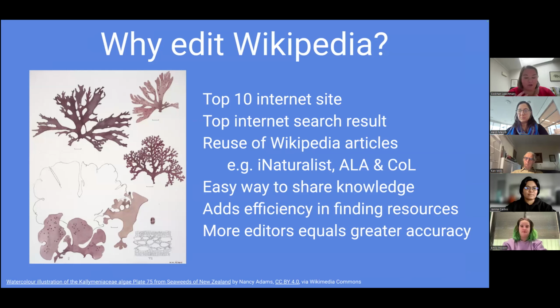And I've seen organisations such as newspapers, radio websites, conservation and activist groups reuse both text and images used in Wikipedia articles. So Wikipedia is a really easy way to share biodiversity knowledge, and the more editors that edit an article, the greater the accuracy and depth of the information contained in those articles.